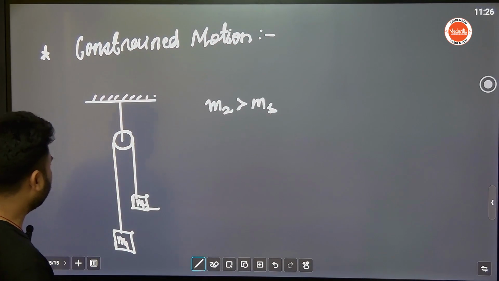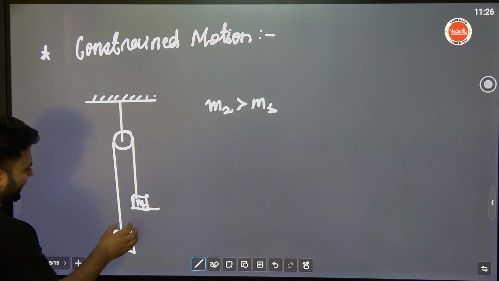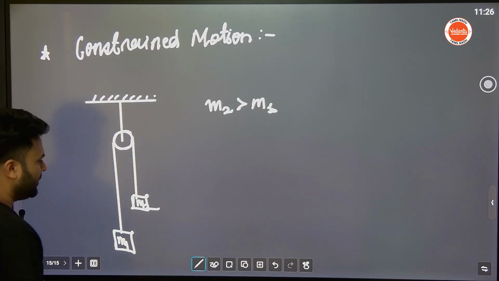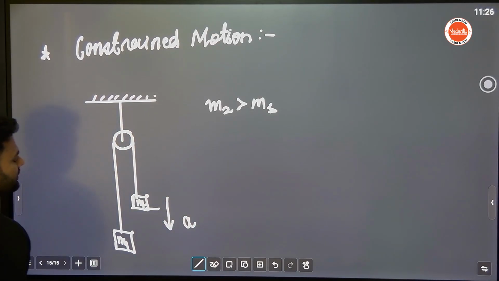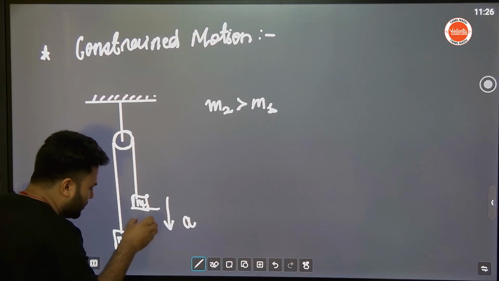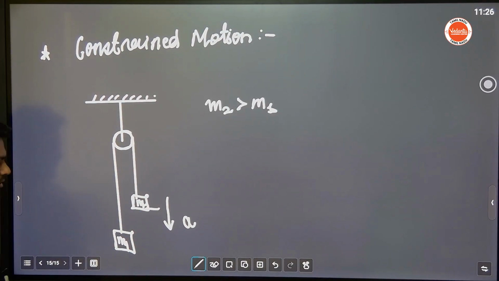Correct? So what will happen? Since this is heavier, this is light, this will go down. So this will accelerate with some acceleration A. And you know, if this goes down, this will definitely go up.